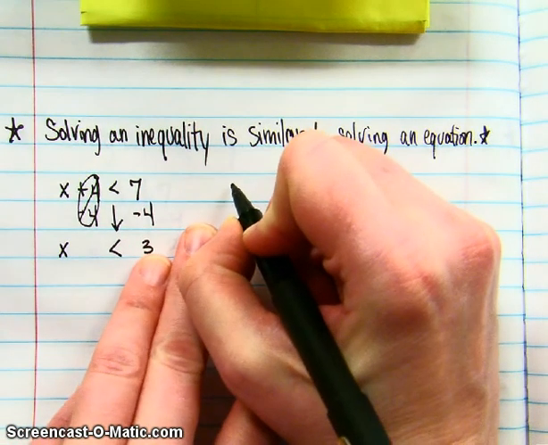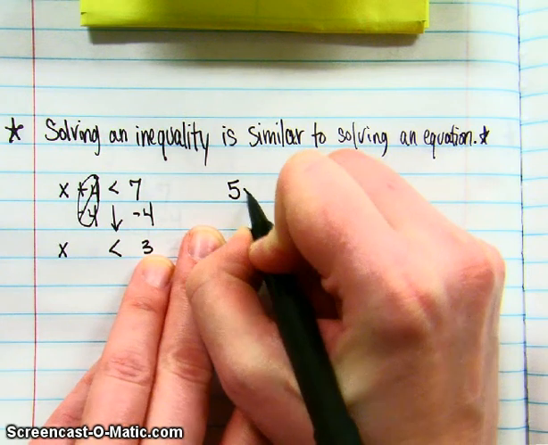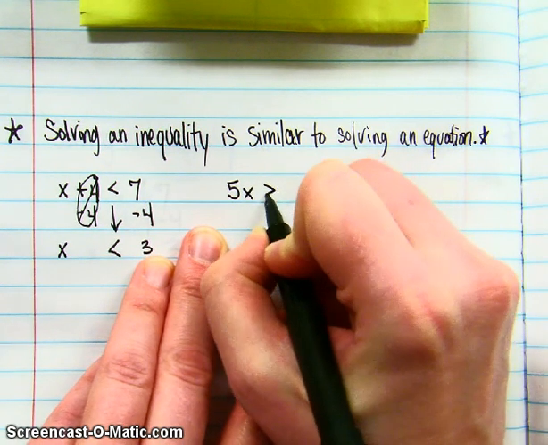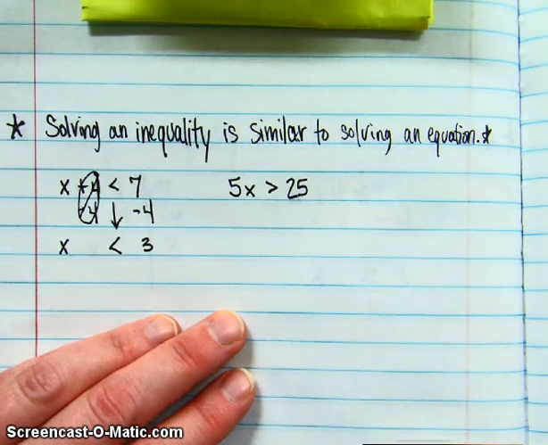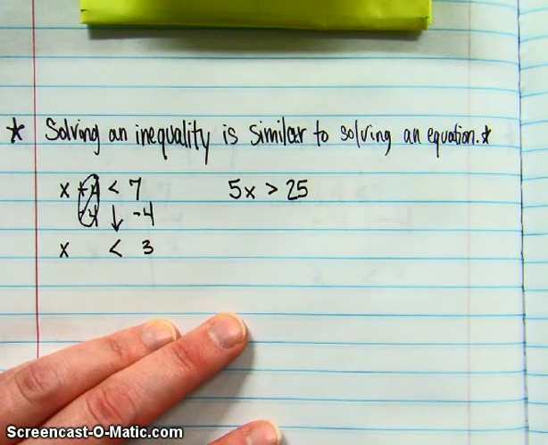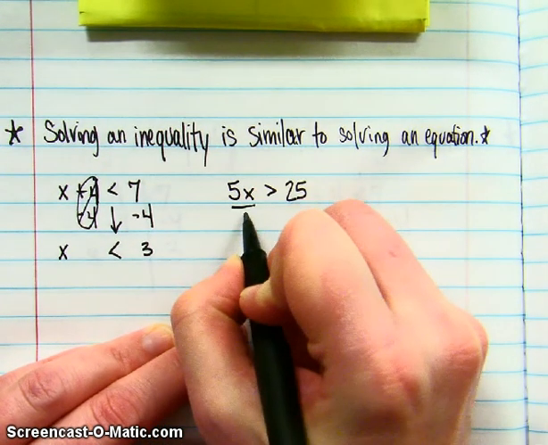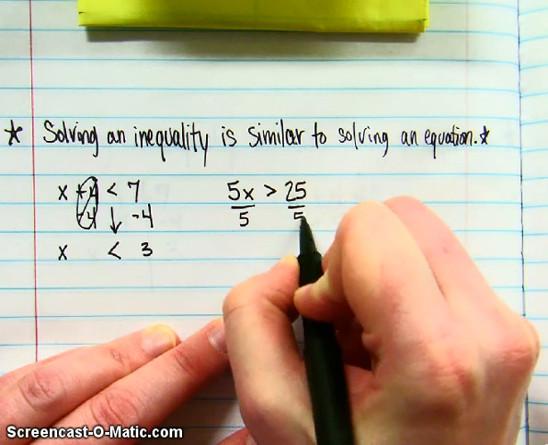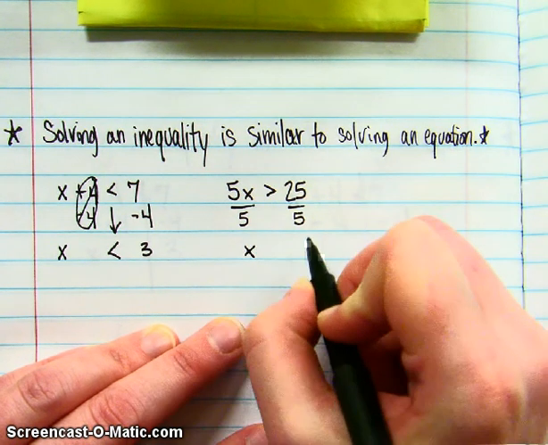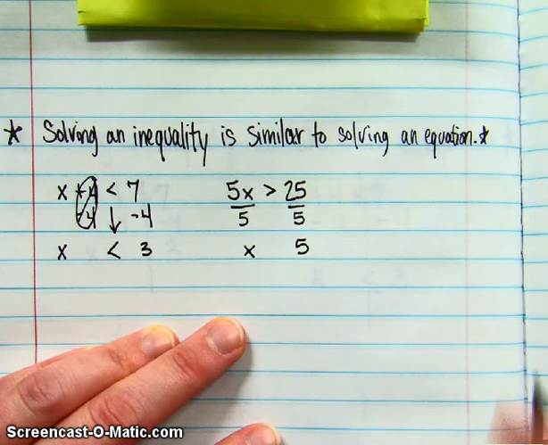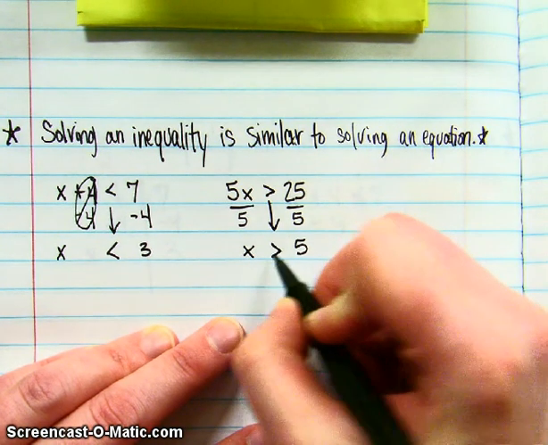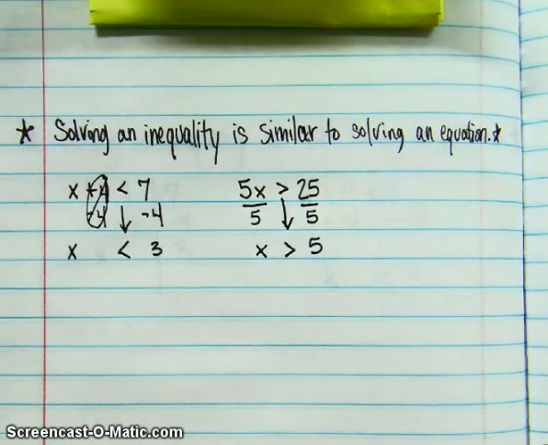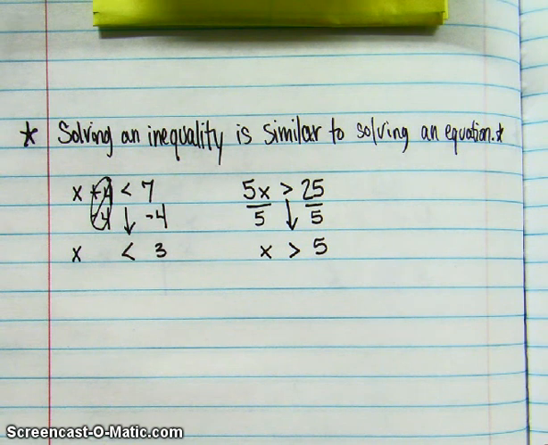If we had 5x is greater than 25, well, if it were an equation, I would divide both sides by 5. So I'm going to do the same thing. The difference would be I have this greater than symbol rather than the equal symbol.